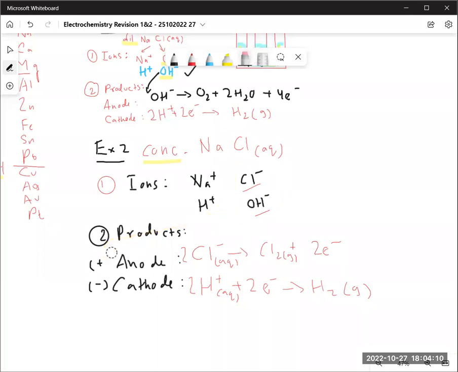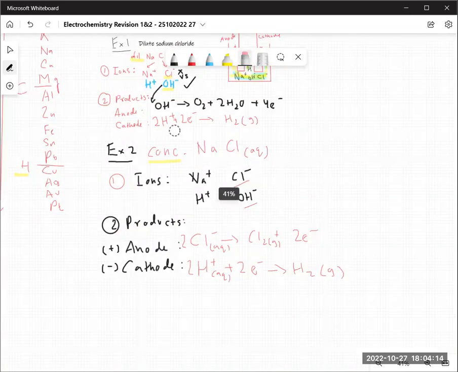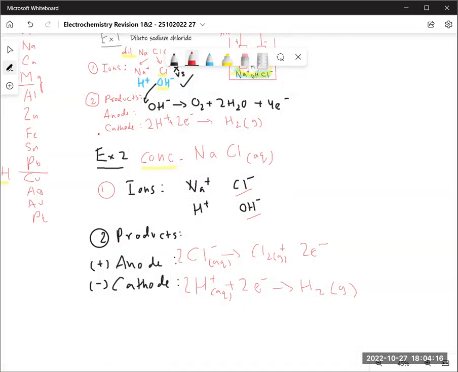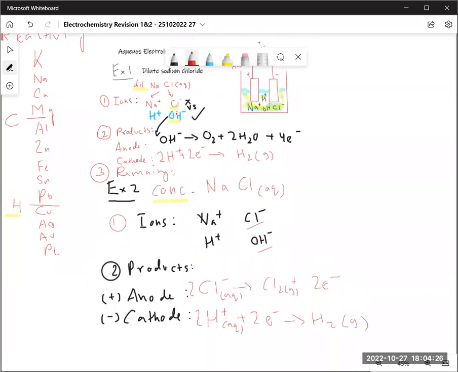Please finish writing this, and we're going to look at a few things. In the last example, there's one more thing remaining. That is, what is remaining in the solution. So in the solution, if OH minus is gone and H plus is gone, can you tell me what is remaining then? OH minus goes away, H plus goes away.